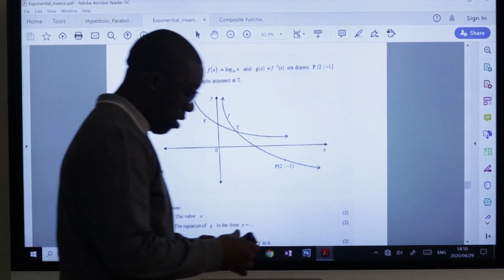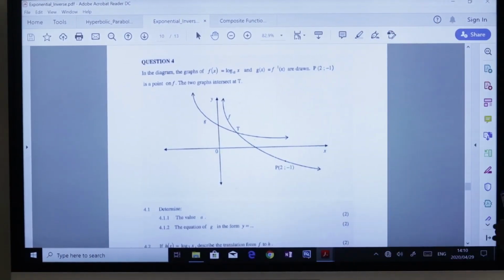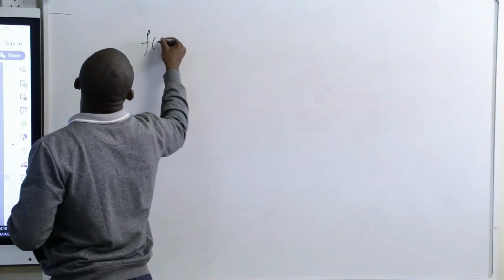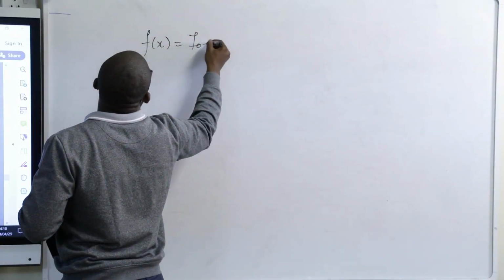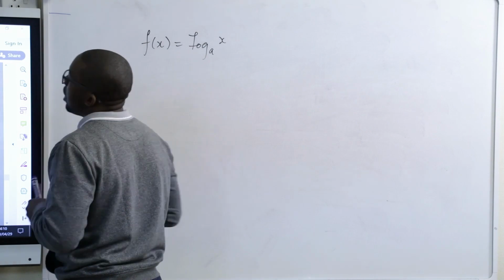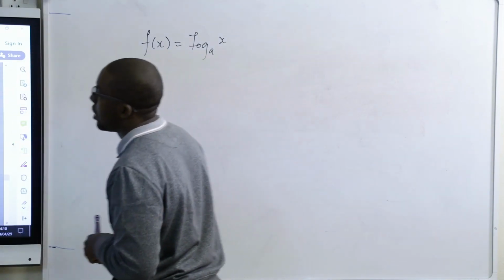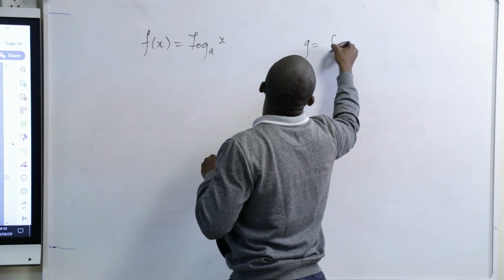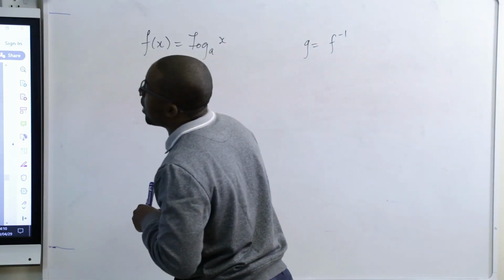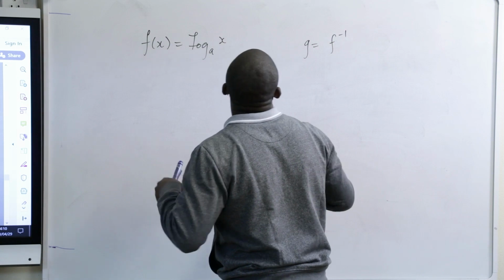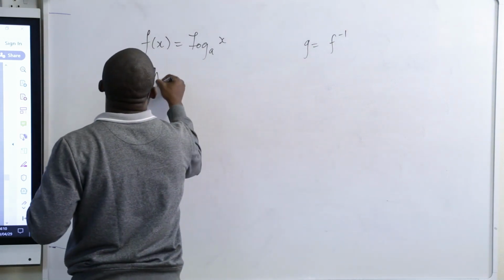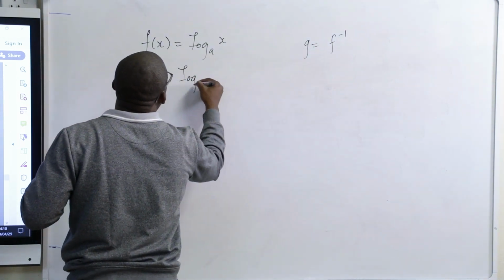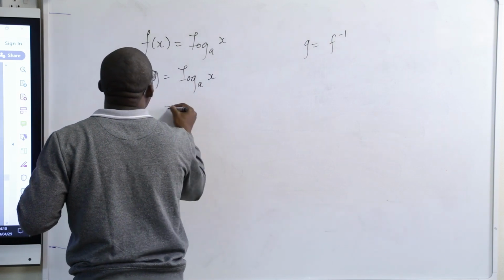In the diagram, we have f of x is equal to log to the base a of x. Then g of x was equal to f to the minus 1. That means y was equal to log to base a of x.